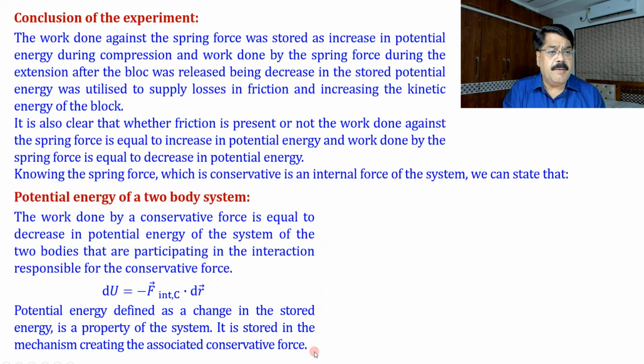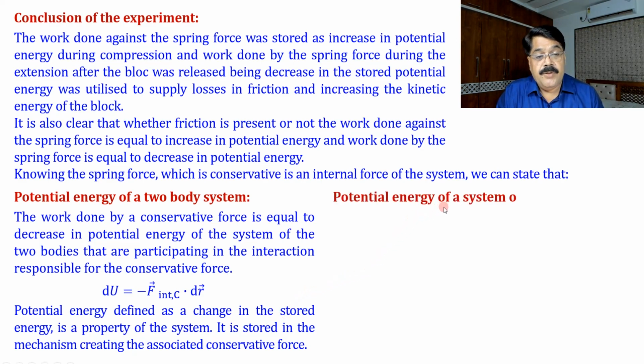Now, fundamentally, potential energy is defined as a change, for a two-body system: two particles interacting through a conservative force. Now we can extend this idea to a system of many particles, the potential energy of a system of many particles.